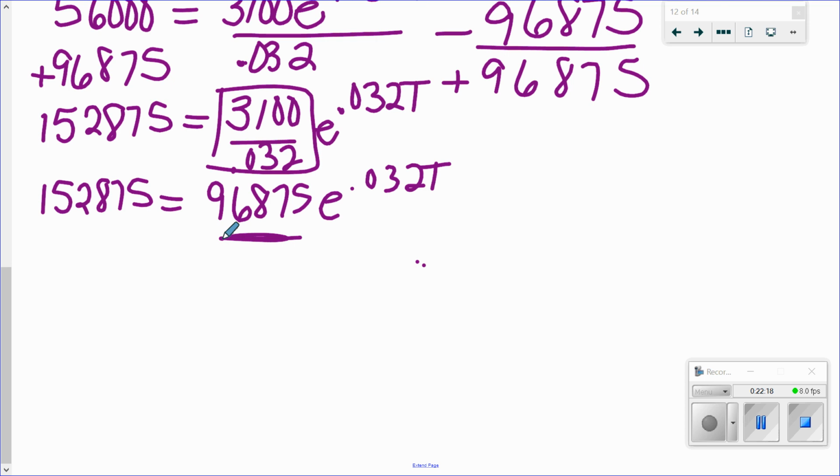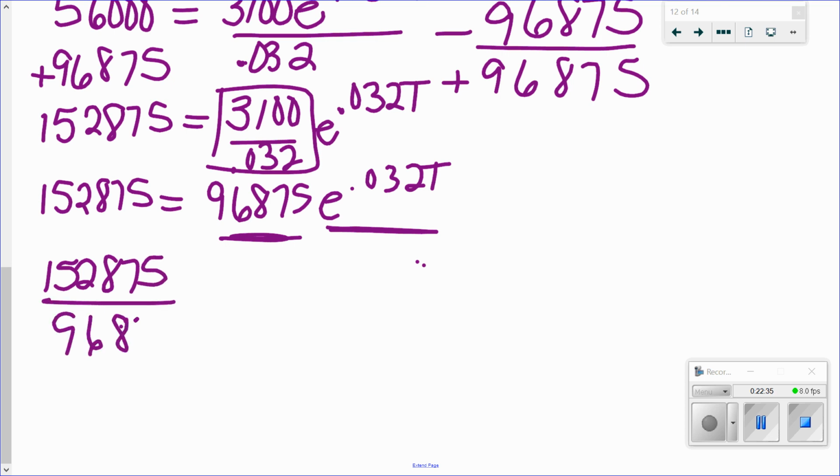Okay, now remember, I need to get this exponential by itself, so I'm going to have to divide both sides by this 96,875. So 152,875 divided by 96,875 is going to equal e to the 0.032 t.